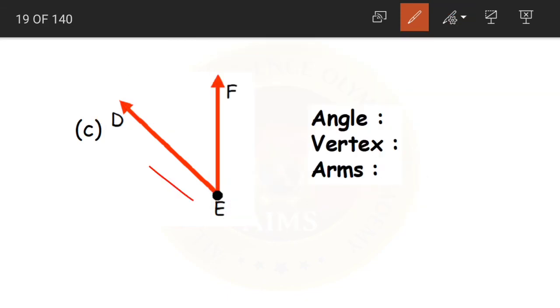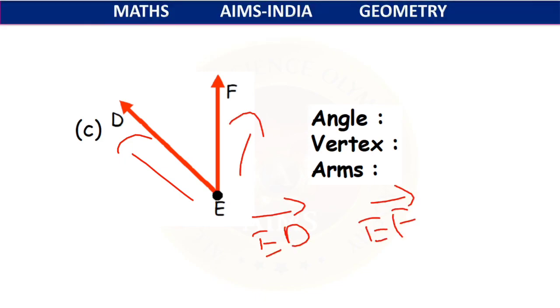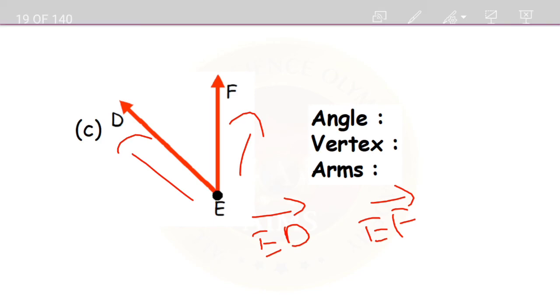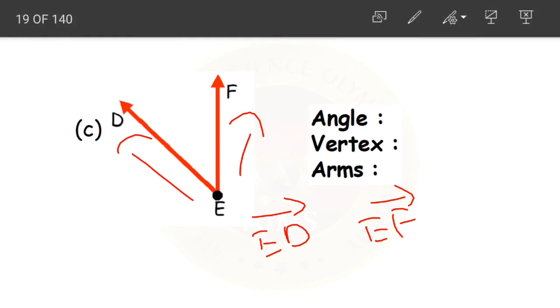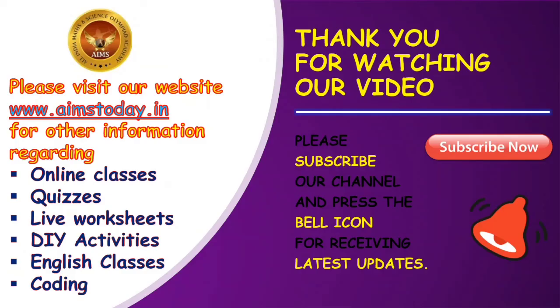So what are the arms here? The arms are ray ED and ray EF. I hope this is clear, children. We have learned what angles are and also the different parts of an angle. We'll end today's class here and learn more about geometry in the coming classes.